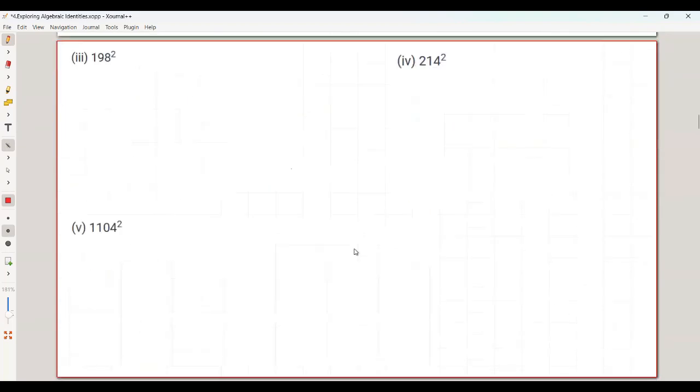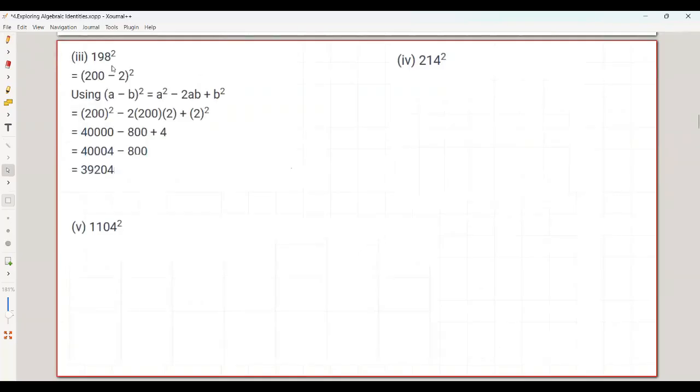6,084. Now, third question, 198. I am splitting it as (200 - 2) whole square. If you write it as (100 + 98) whole square, the calculation will be a little extra, since you have to find 98 square. So avoid taking 100 plus 98 and instead take it as (200 - 2) whole square.